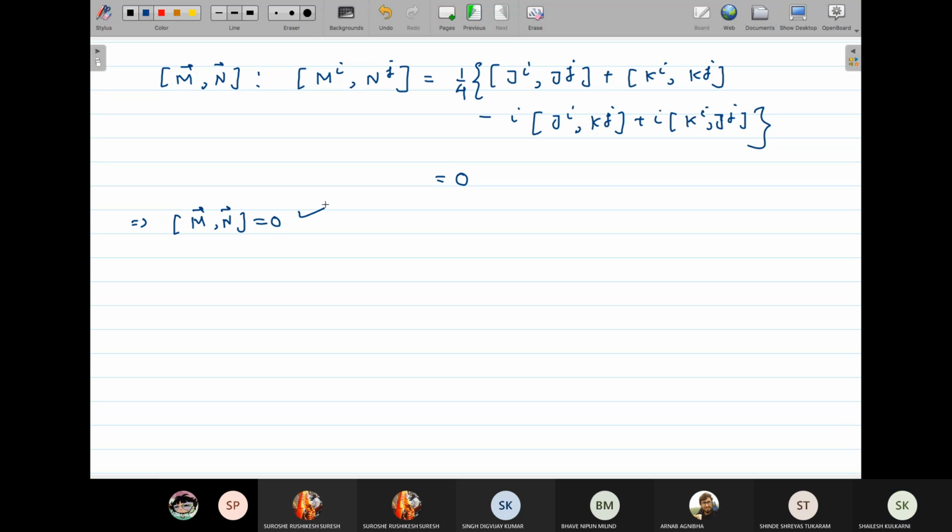This tells us that I have two types of generators which commute among themselves. So it is the first sign that we might get decoupling. But this is not enough.